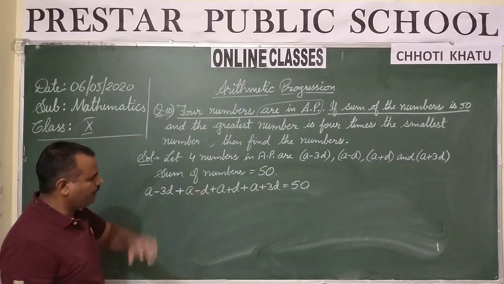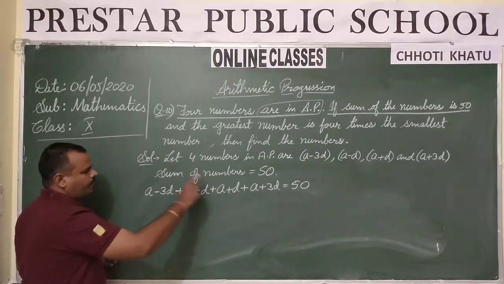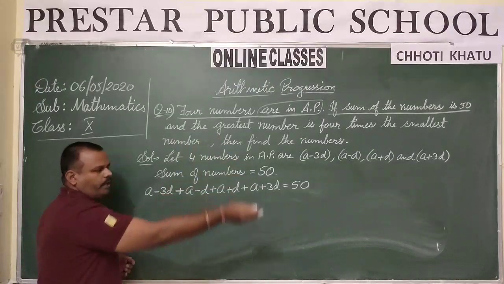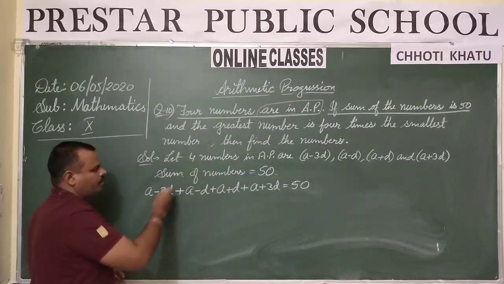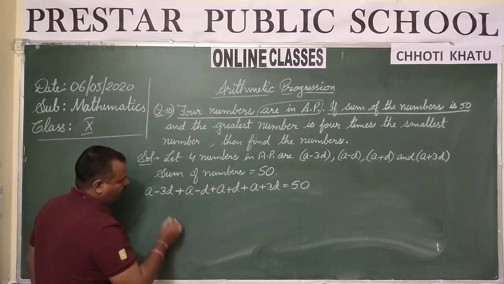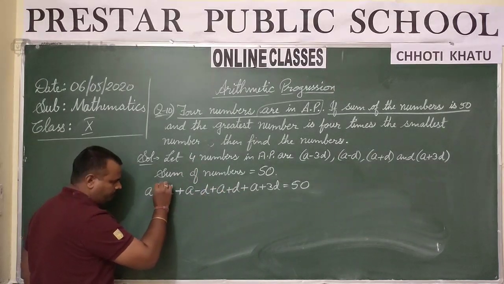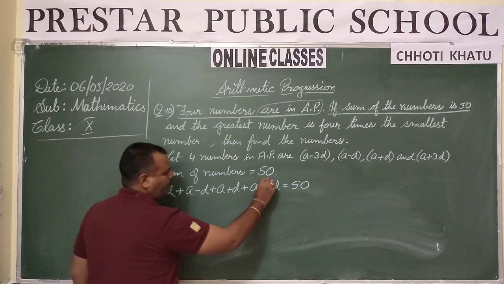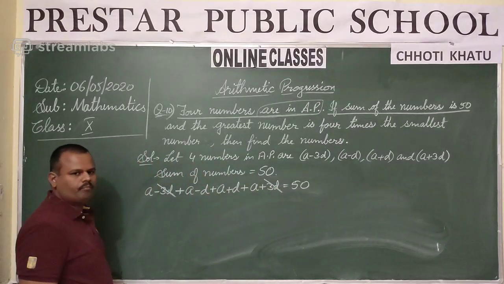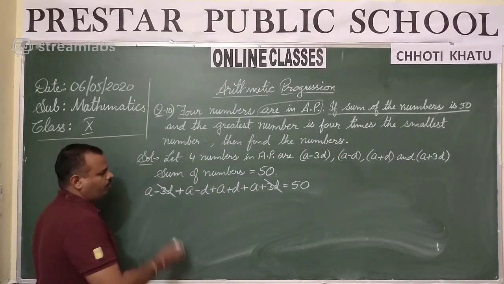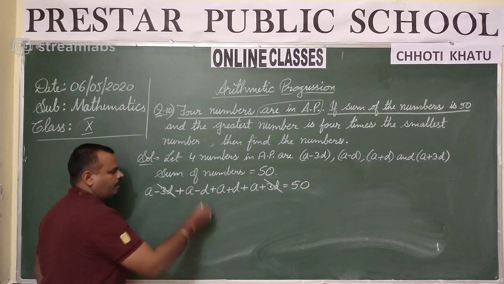Now you can simplify this and just see the difference from taking four variables randomly as the four numbers. Here, minus 3D and plus 3D cancel out, the positive and negative signs.